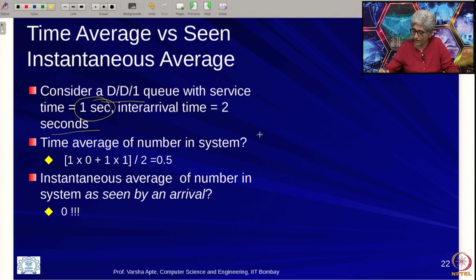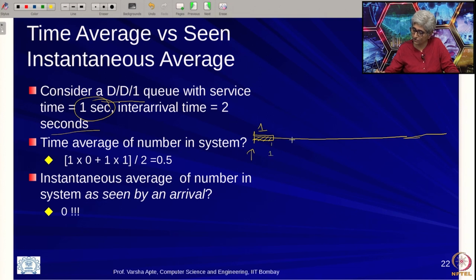Okay. I am going to draw a timeline. So, let us say this is a server timeline, okay, and let us start with an arrival here itself. Okay. So, if there is an arrival here, then for the next 1 second the server is going to be busy. Okay. This is 1.